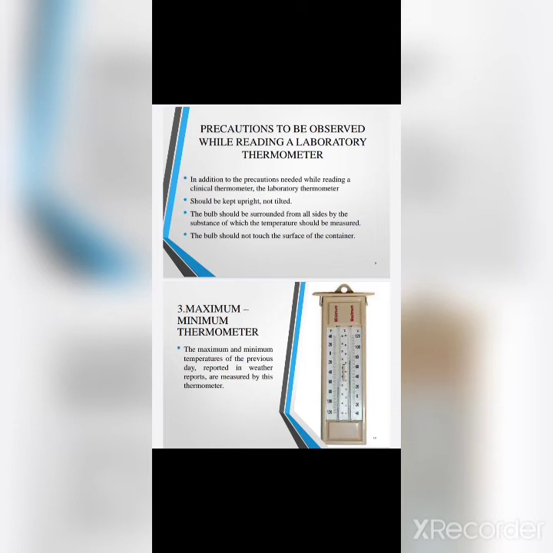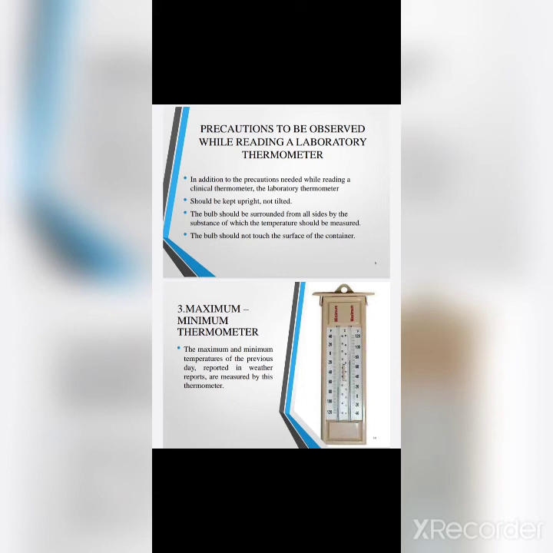The bulb should be surrounded from all sides by the substance of which the temperature is to be measured. If we are measuring the temperature of water, the bulb should be surrounded fully by the water. The bulb should not touch the bottom as well as the side of the container.